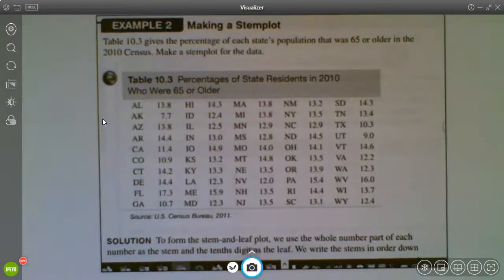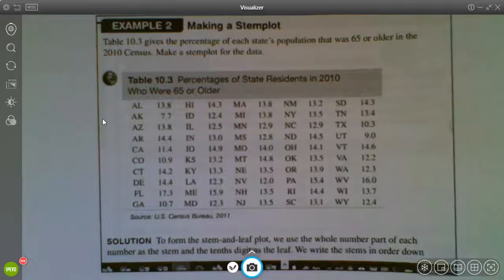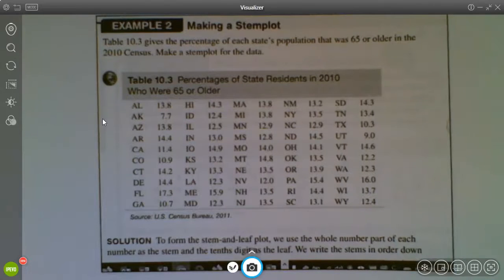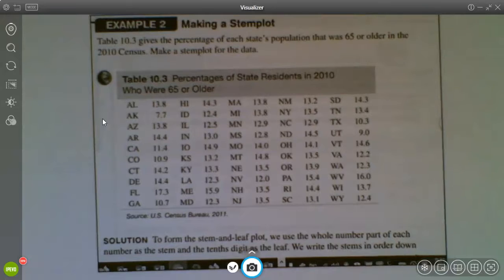So obviously with a big chart like this, there's a whole lot of numbers. It can be tough to compare data in something like this. And so they want to use something like a stem plot in order to make it easier to visually see the comparisons and make some observations about the data. And so that's really the point of any graph, is to make it more obvious as to certain things that might stand out to you.